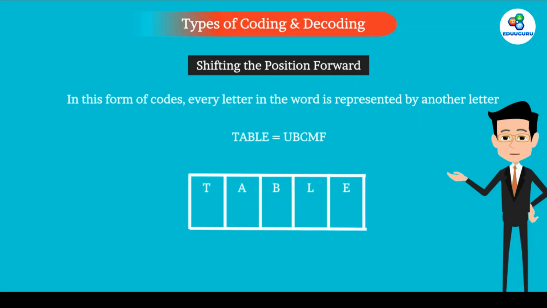In this case, letters have been shifted in the forward direction. The letter T is shifted to U, the letter A is shifted to B, and so on. So each letter has been shifted to its next letter in the alphabetical order. In a similar manner, letters can be shifted forward by 2, 3 or even more positions.